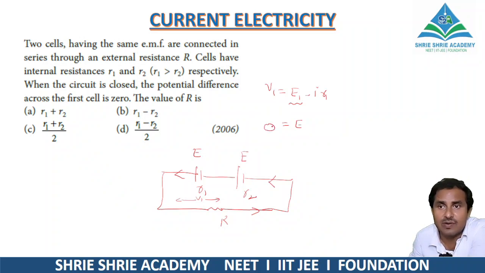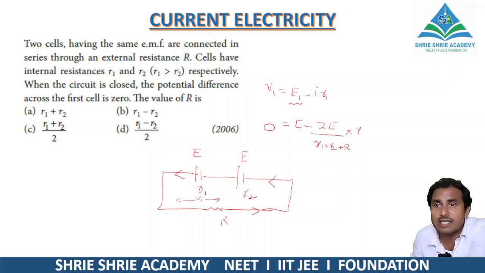So V1 equals 0, E minus the current. Two batteries in series connection means the effective EMF you get is 2E divided by the total resistance, R1 plus R2 plus capital R, and it is across the first battery.